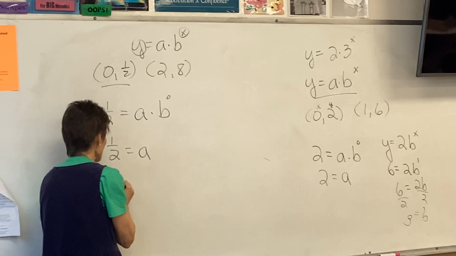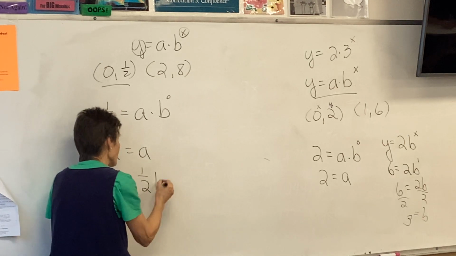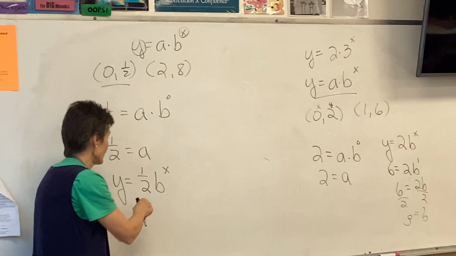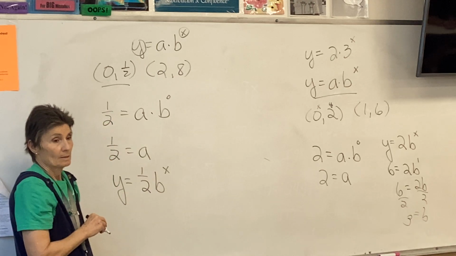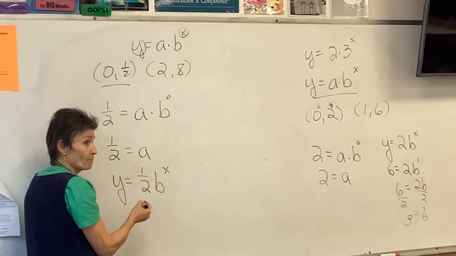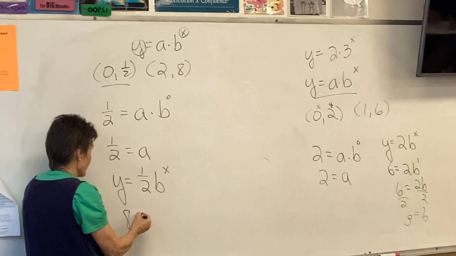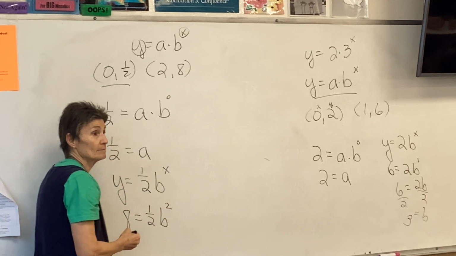So now my equation is y equals 1/2 times b to the x. I still need to figure out what b is. So now I'll go back to my other point. 8 equals 1/2 times b to the second.